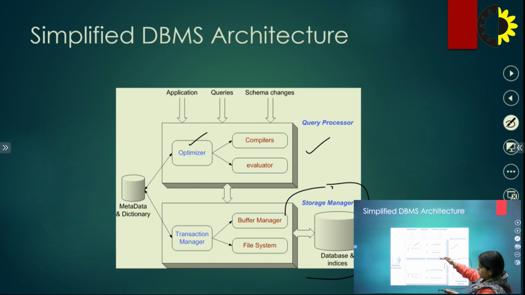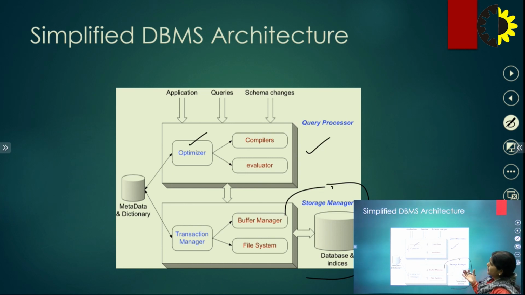Further, the storage manager and query processor both have two-ended connectivity. Here we have a transaction manager, in which we have a buffer manager or file system part, and later on we have a storage manager which has the databases or indices inside it.